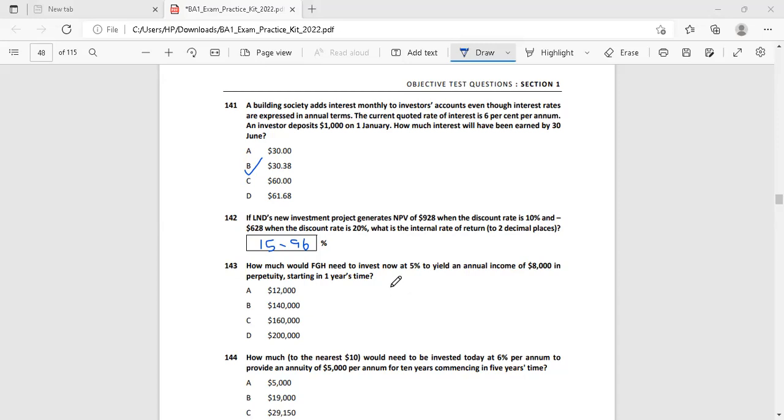The equation, when we are trying to find out the present value, will be the cash flow divided by 1 plus r whole to the power of n. That's how we find out the present value, the discounted value of cash flow.